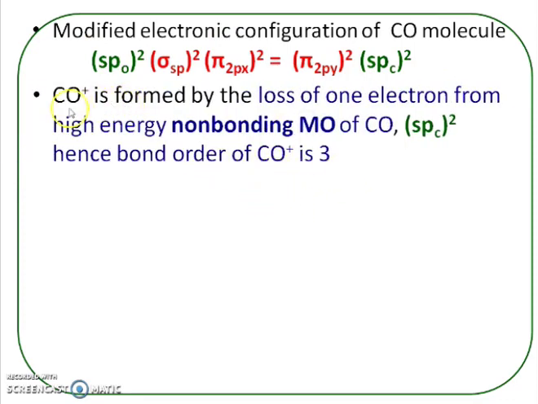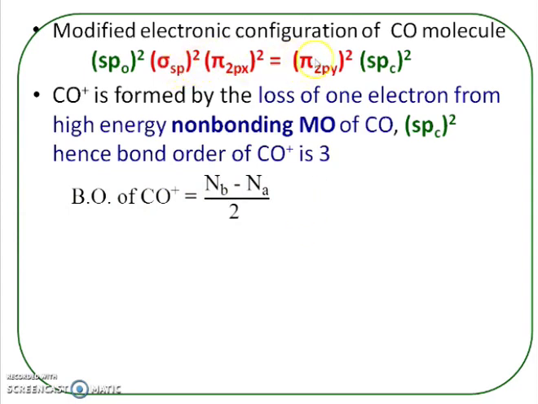Now the carbon monoxide cation, CO plus, is formed by the loss of one electron from the high energy non-bonding molecular orbital of carbon monoxide, that is the sp hybrid orbital of carbon, and hence the bond order of CO plus will be 3. How to calculate the bond order? So the bond order of CO plus is equal to the number of bonding electrons minus the number of antibonding electrons, upon 2.